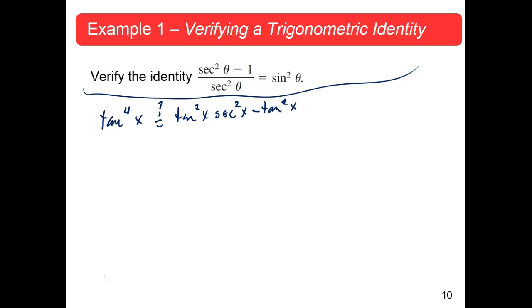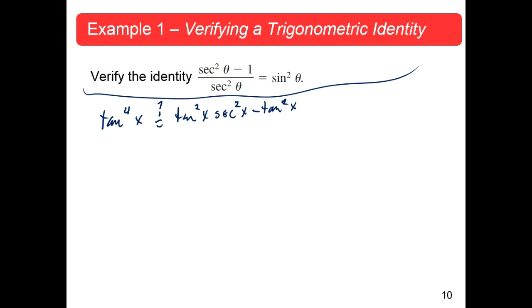What would you do to that? Where would you start? The left side? The tangent 4th? Yeah, you could do that, but does the right-hand side look a little more complicated? Why don't we factor that one?